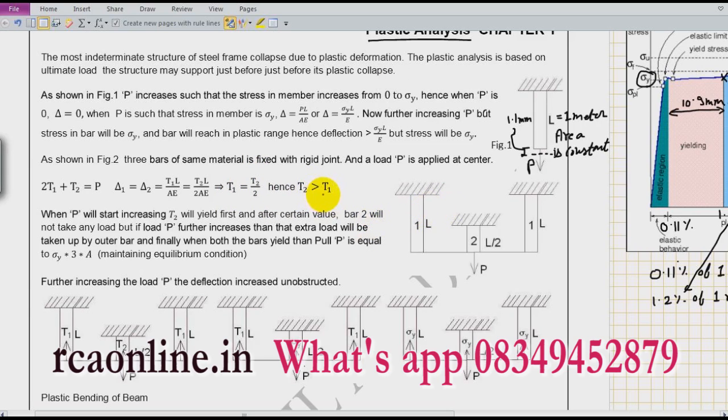Now if you see from here, the load taken by T2 is more than T1. So if I apply a load, let us say some value of P, and this bar yields, the yield stress is reached in this bar, and since by this equation I know that these other bars will yield after this.